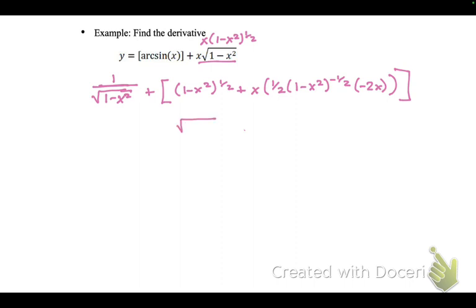So square root of 1 minus x squared, well, it wouldn't be plus, it'd be minus, wouldn't it? Because of the minus. And the 2's reduce out. So I have x over the square root of 1 minus x squared. And then you have plus 1 over the square root of 1 minus x squared.